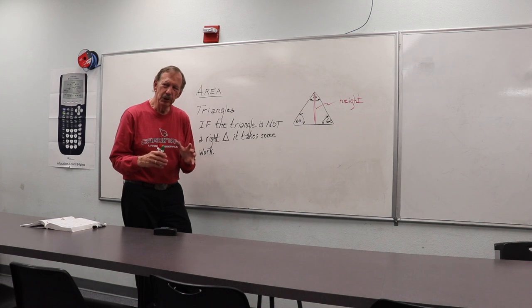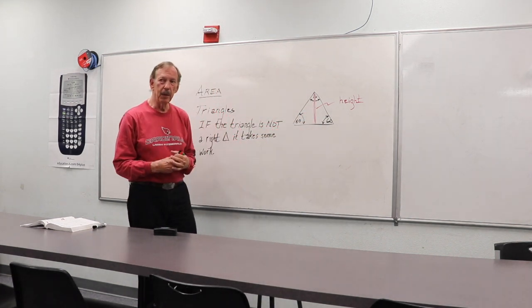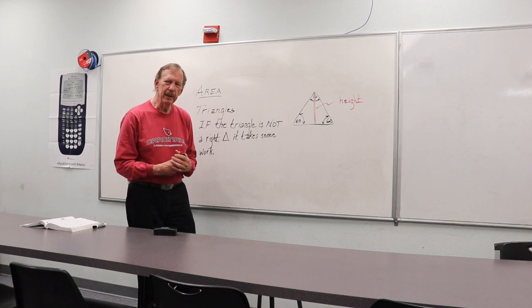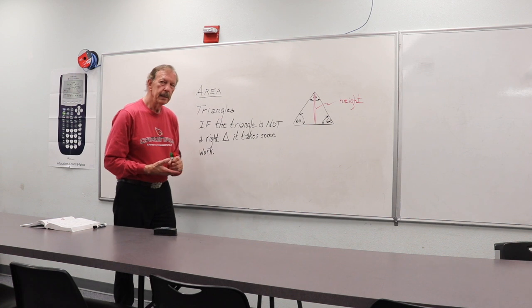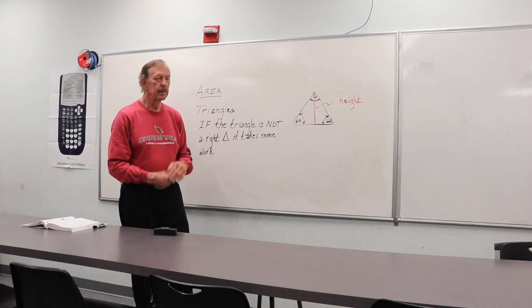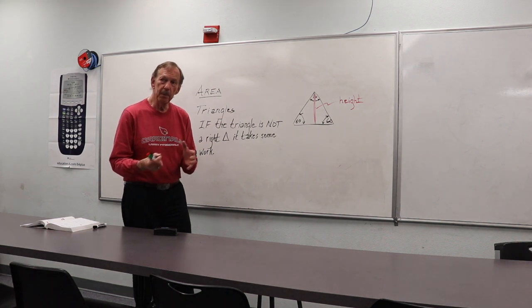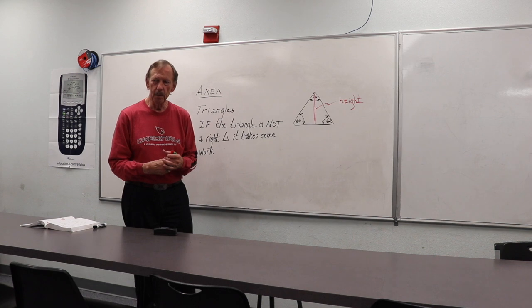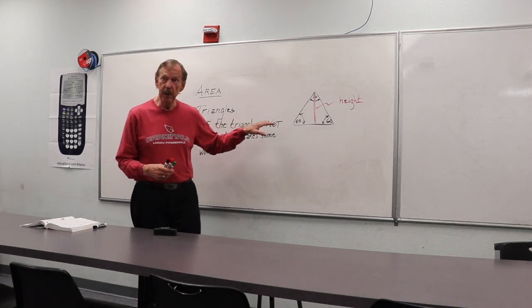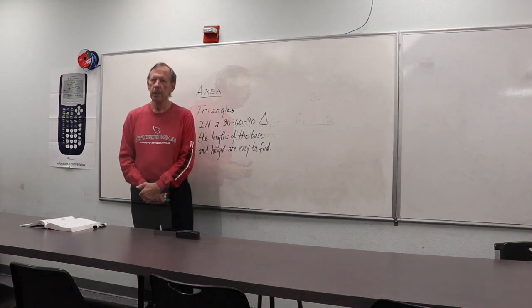Well, there's a relationship here in a 30, 60, 90 triangle. Let's look at that. The 30, 60, 90 triangle is one of the most commonly used triangles for this problem, so it would be worthwhile to take good notes here.